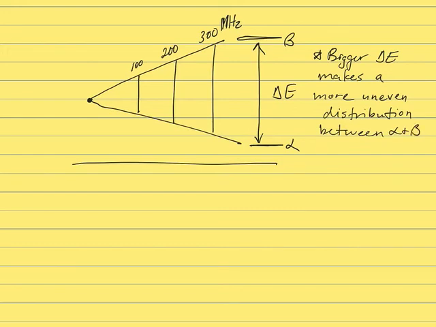So a bigger delta E makes a more uneven distribution of alpha and beta states.